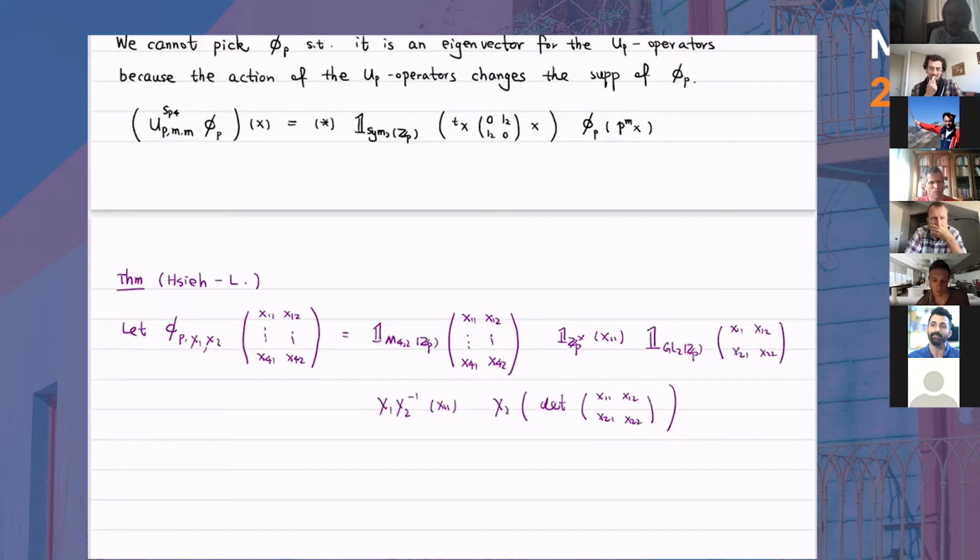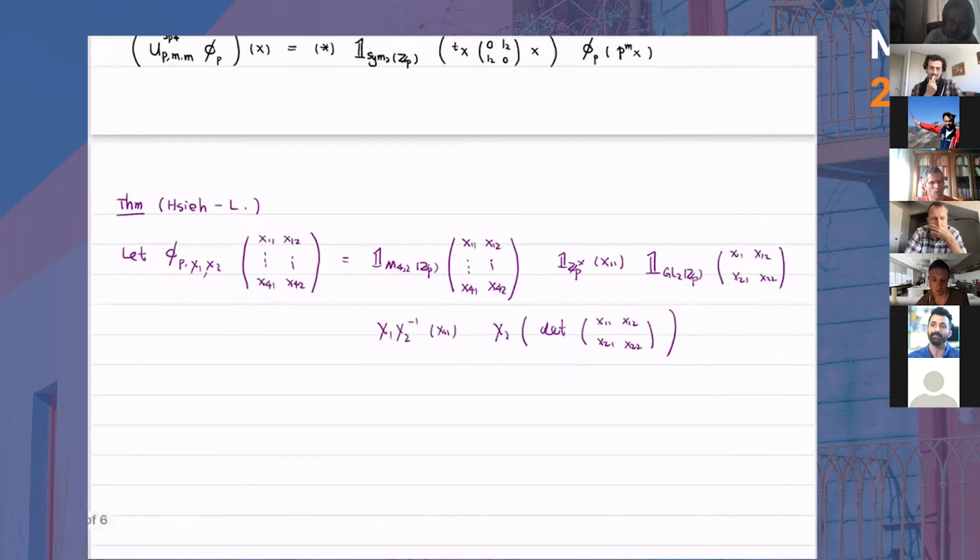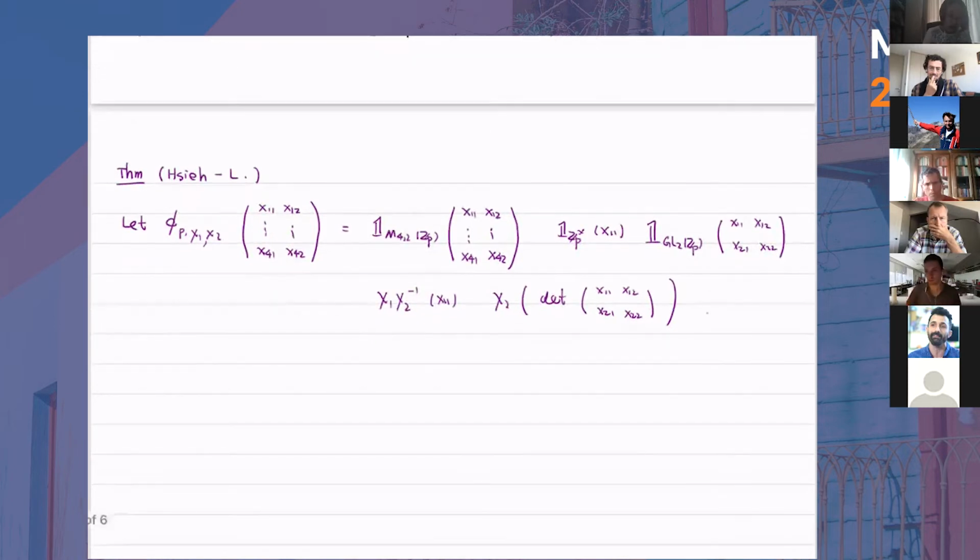Okay, so this is the choice, and if you make the corresponding choice at the Archimedean place, you will be able to get a family. And the nice property with respect to the U_p action is the following equivariance property.